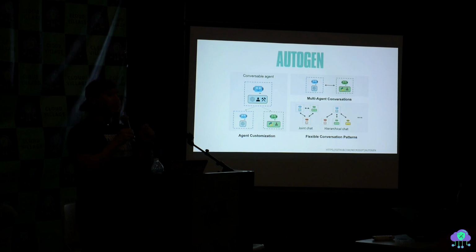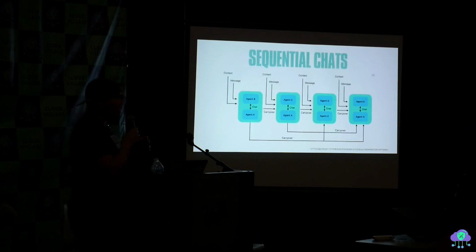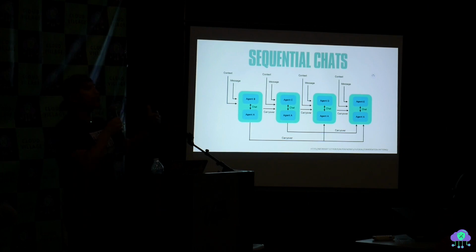Something as simple as this, for example, where you have a sequential, right? Agent A is talking to all of them, which means that Agent A is the orchestrator having conversations with every single agent, and the output of the first task is going to be passed to the next one, and the next one, and the next one.